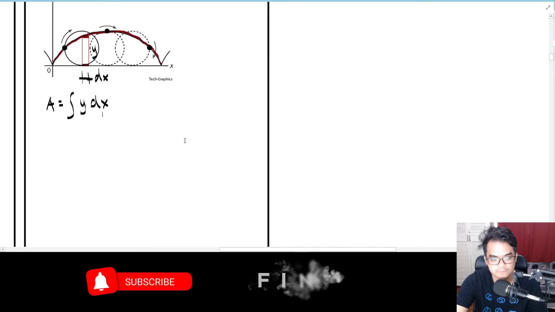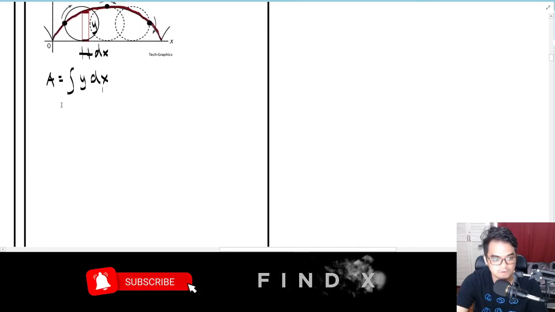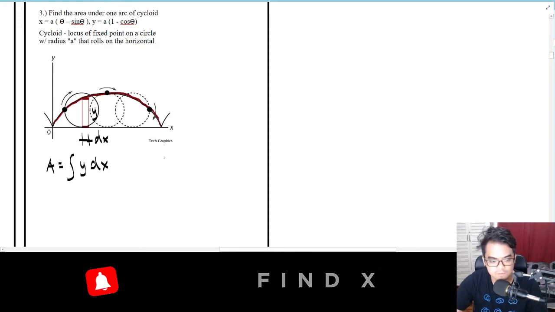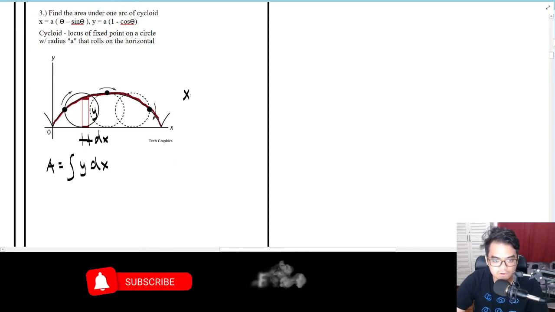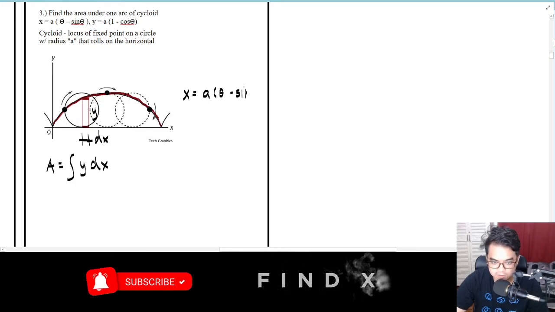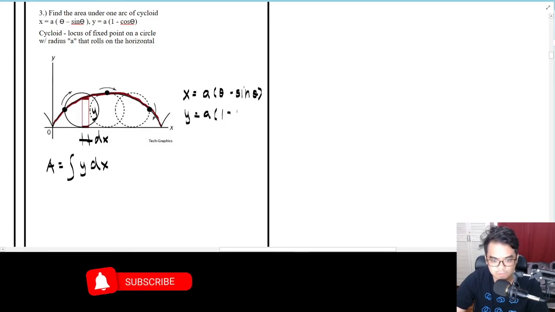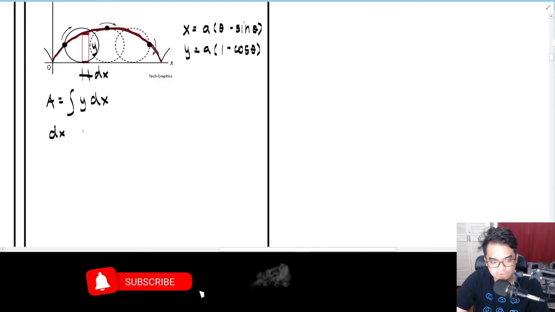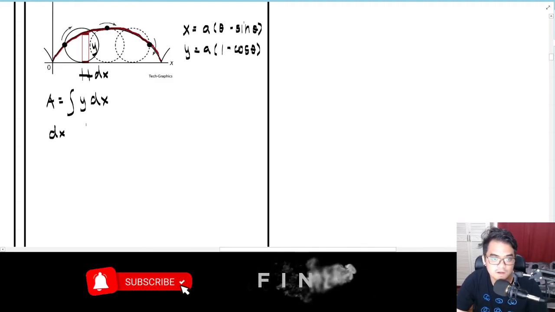We already have the value of x equal to a times theta minus sine theta, and for y, a times 1 minus cosine theta. We already have the value for y, but we don't have the value for dx. So to get dx, all you have to do is take the derivative of x.